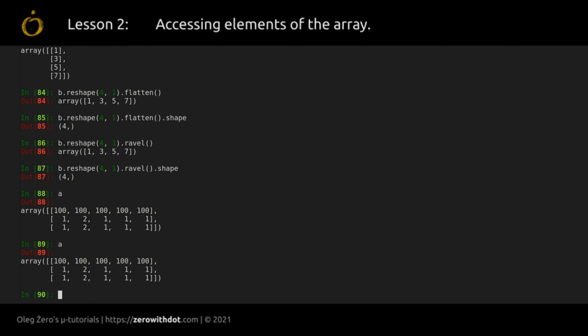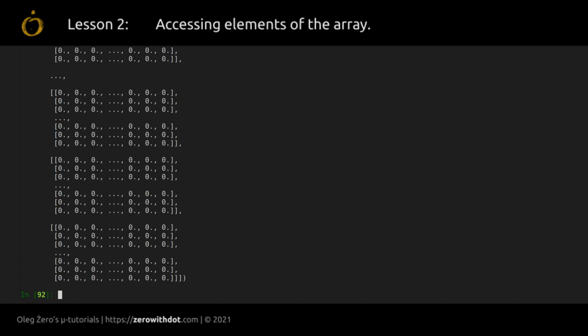Sometimes we might not be sure about what should be the amount of elements along one of the axes, because let's say that we have x equal to np zeros, and we have, let's say, 13 by 51 by 8 elements in x, and we want to rearrange those elements into a two-dimensional array.